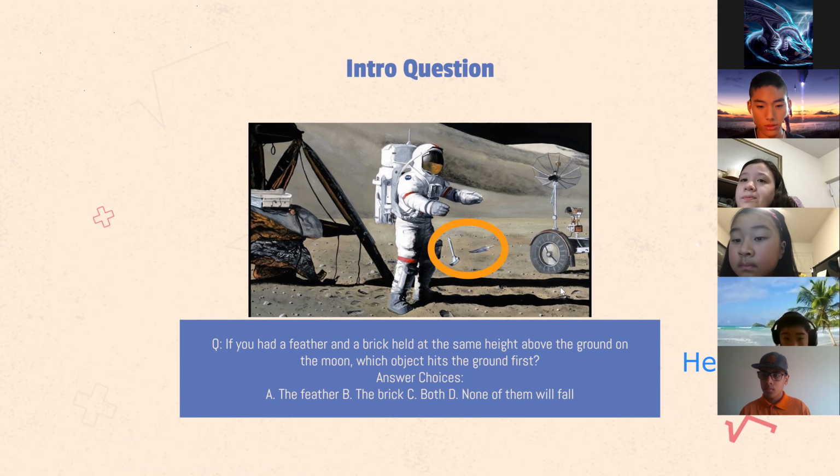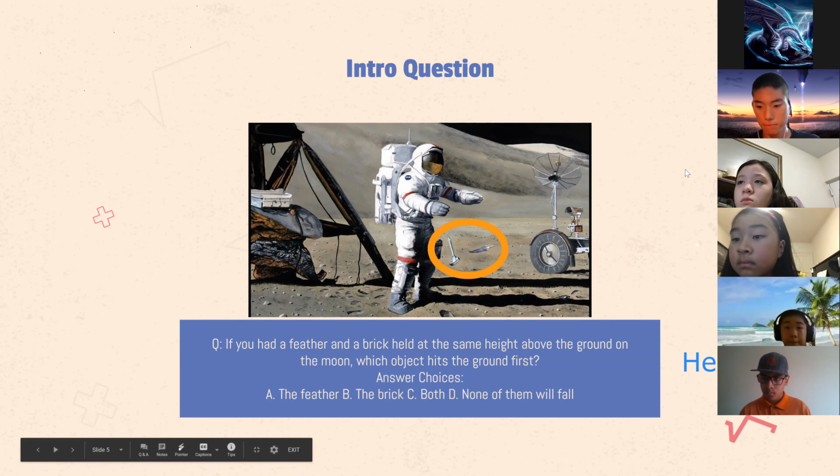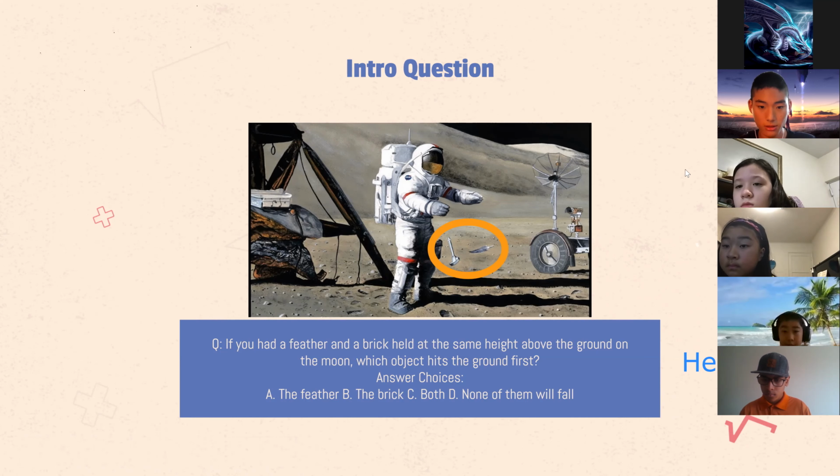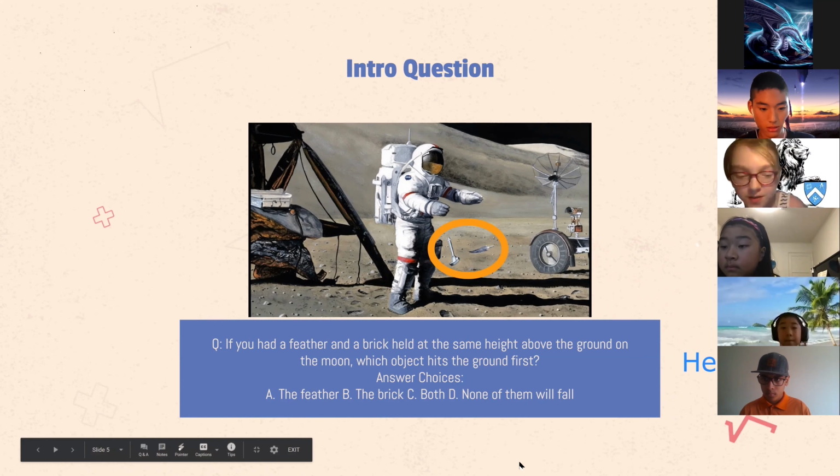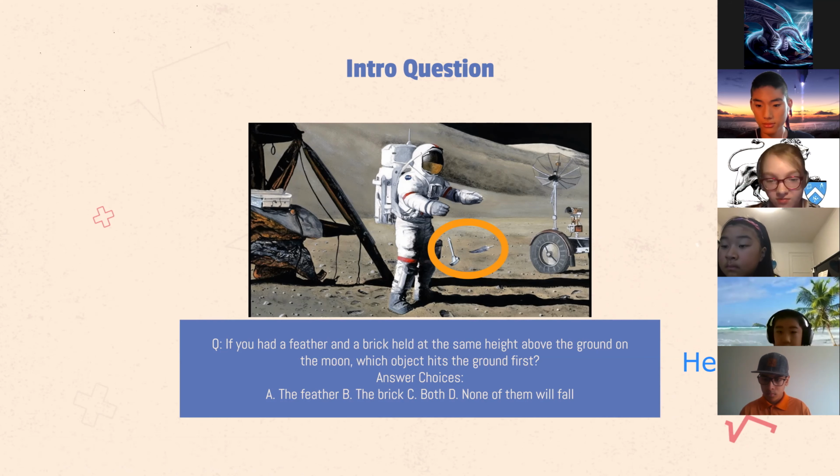Zakia, would you like to talk about it? Okay, Lily S-J. Okay, so I would also choose C because of what Jake Chen said.